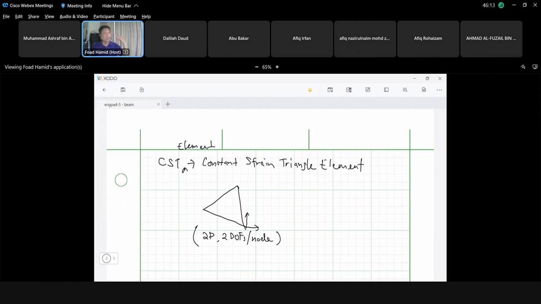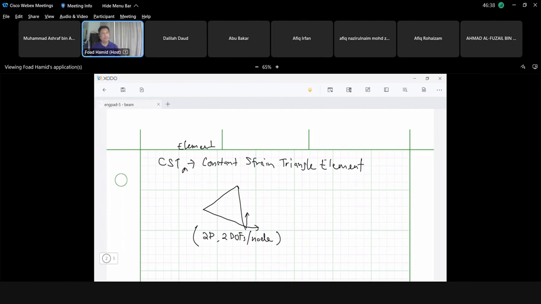So it started with 1-dimensional, 1 degree of freedom, and then we put it at an angle. Then we have 1-dimensional, 2 degrees of freedom per node, and then we go back to, because the first two, the bar and truss element, is just basically displacement, but for beam we need some bending. How do we model bending in our finite element?